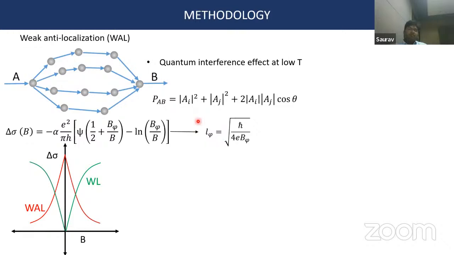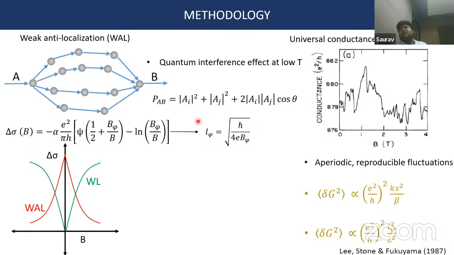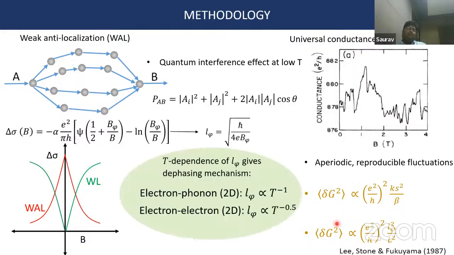length in these samples. The other method that we have used is universal conductance fluctuations, which are aperiodic reproducible fluctuations in the conductance as a function of magnetic field or Fermi energy or time, or disorder configuration. The magnitude of universal conductance fluctuation, given by delta G squared, is related to the phase coherence length. So we can estimate delta G squared, and from that, we can estimate the phase breaking length, L_phi.